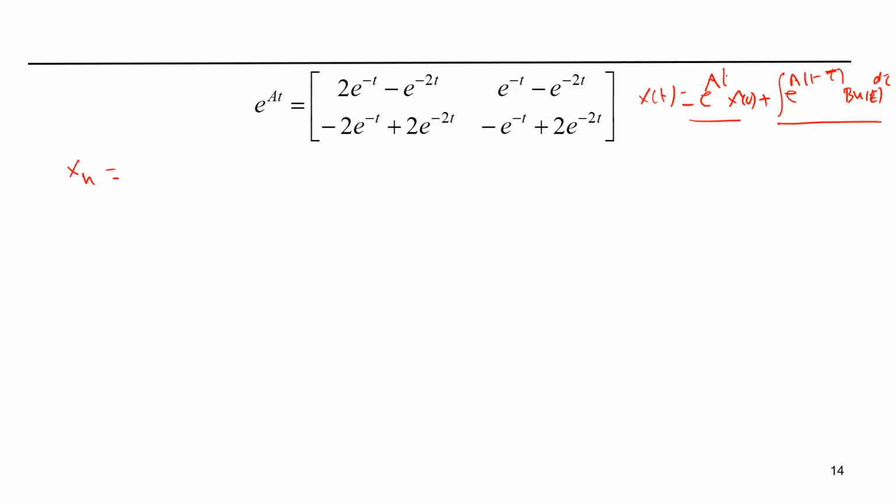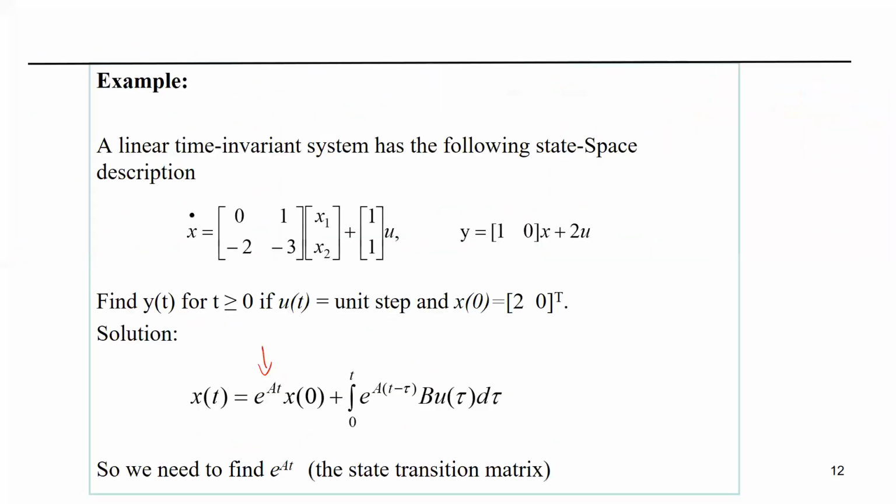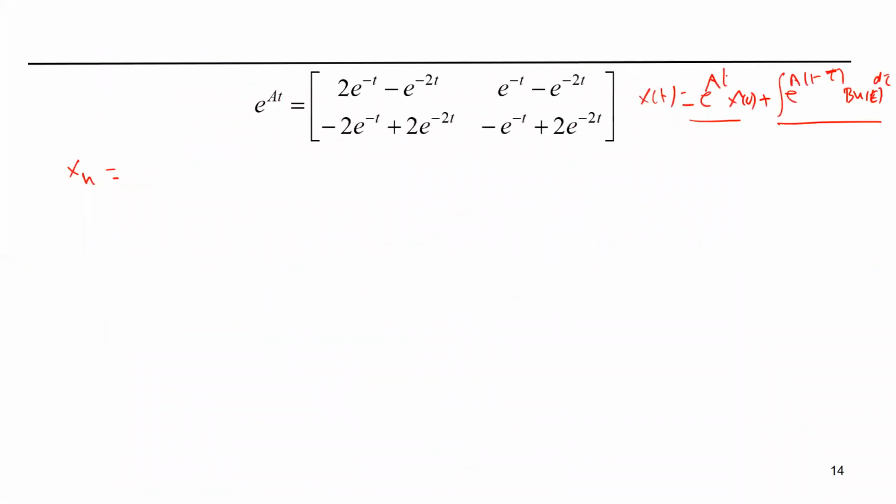And what are the initial conditions? The initial condition is given by x of 0 equal to 2 and 0, transpose. So I must multiply this matrix by the initial condition, which is basically 2 and 0.